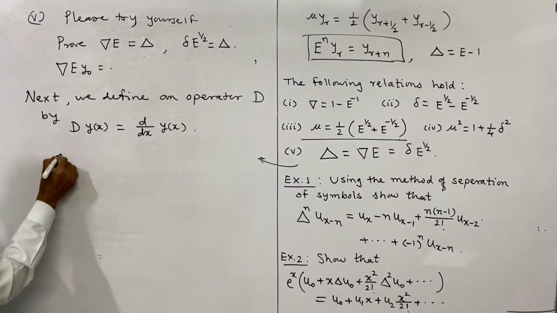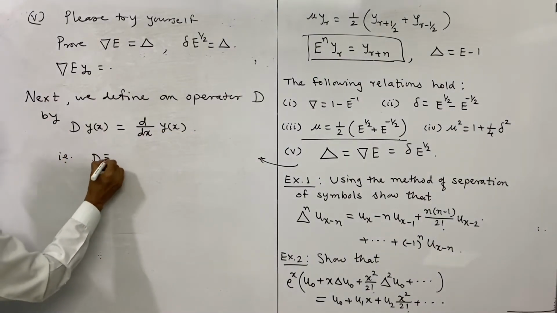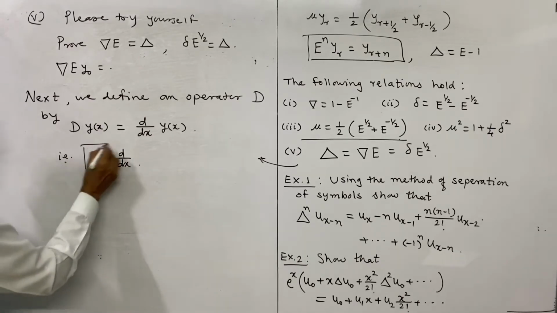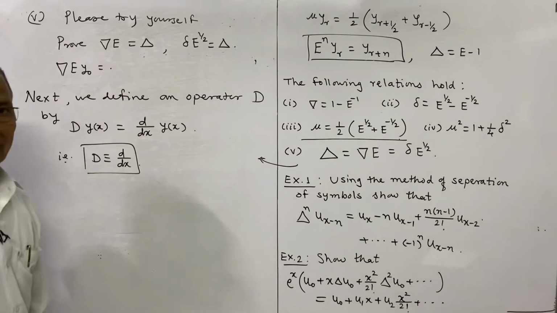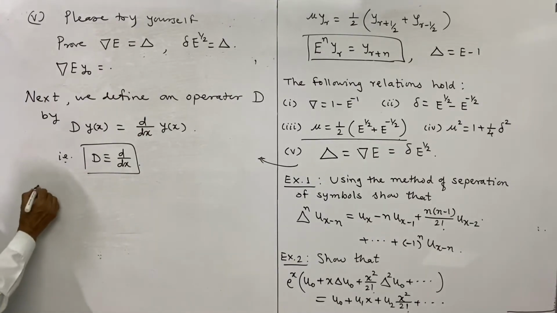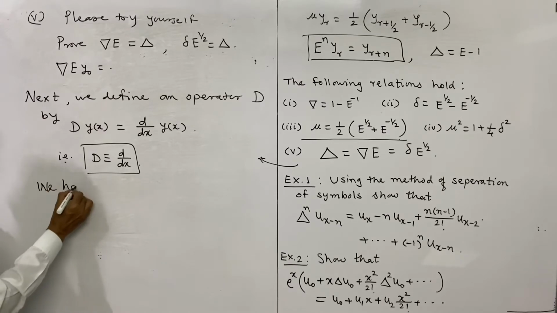This means that D is equal to the derivative with respect to x. This operator we have defined, and this is a further operator, capital D. Now we have by Taylor's series.